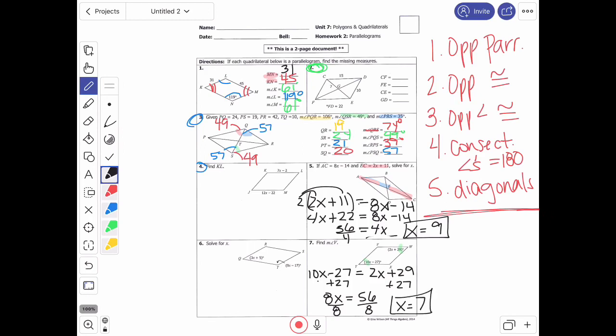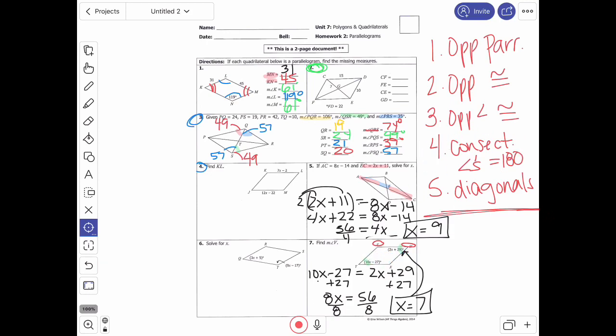But I'm not done yet, because I have to find angle V, but I only know something about angle Y and W. So I'm going to plug in x for angle W, and then angle V and W are consecutive angles, so those consecutive angles have to add up to 180.